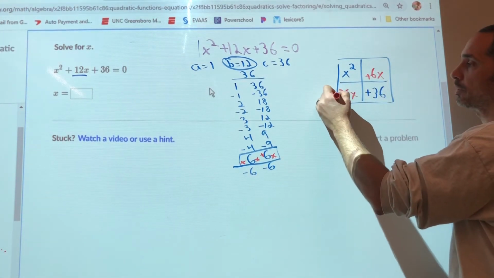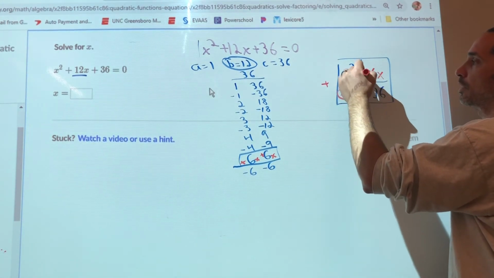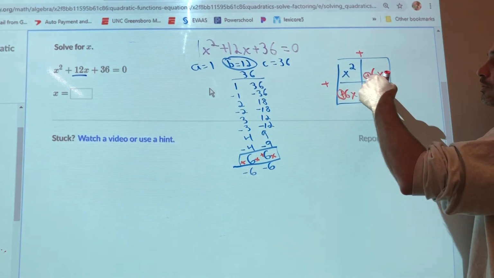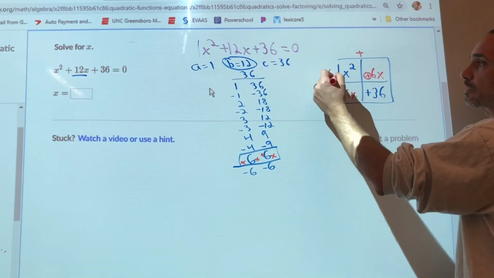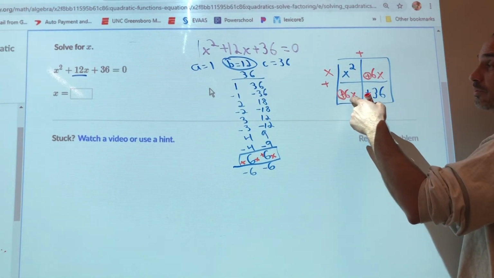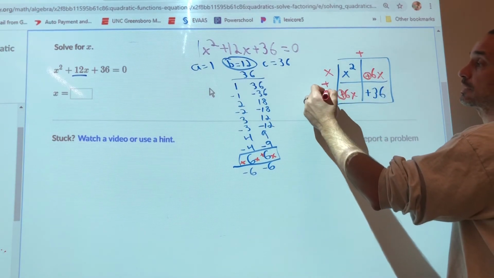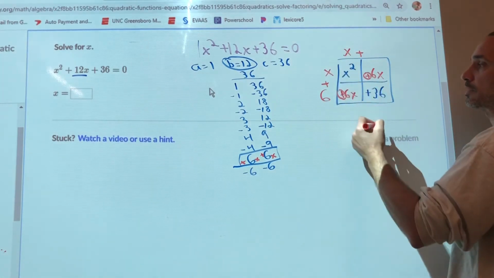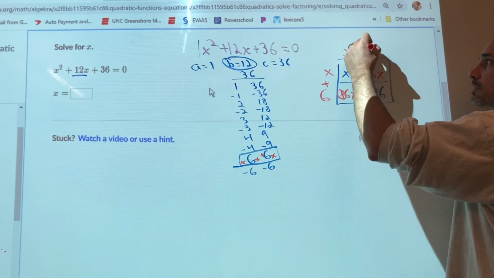Remember, this symbol is always going to come out front, and this symbol is always going to come out top. The thing that goes into x squared and 6x is x. The greatest number that goes into 6x and 36 is 6.